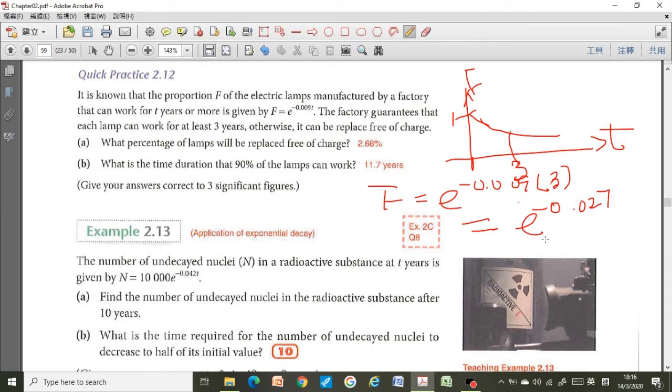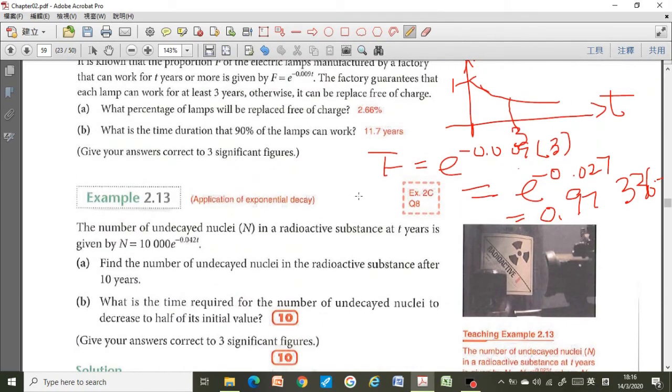Shift ln, that is e to the power negative 0.027, you will get approximately 0.97336 something, okay?